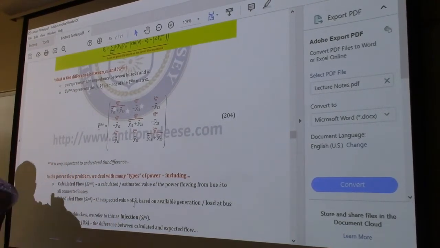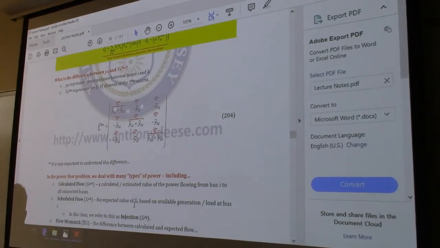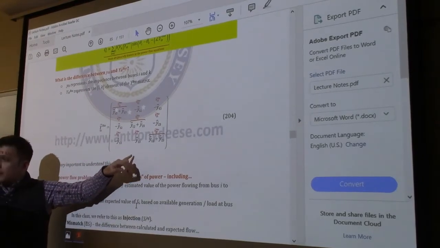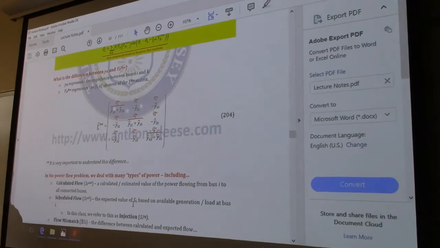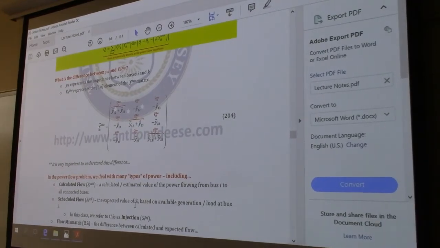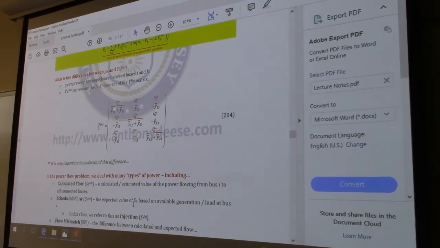You'll see it both ways. Usually it's lowercase versus uppercase also. But look out for that superscript. If you don't see the bus superscript, then you're simply using the actual admittance along the line. If you do see the bus superscript, then you're using the element of the admittance matrix that corresponds to it. Okay.